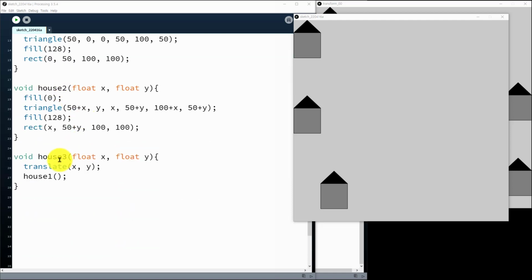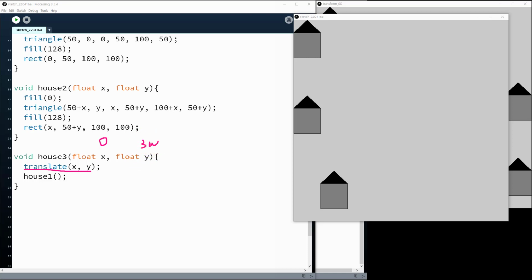If you call house3, it translates X and Y. So let's say the first X should be 0 and the first Y will be 300.